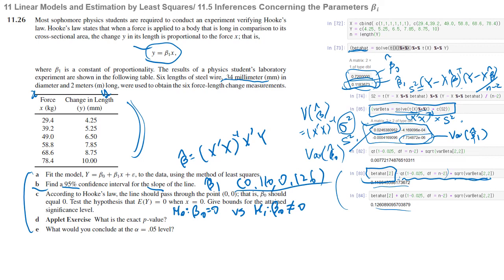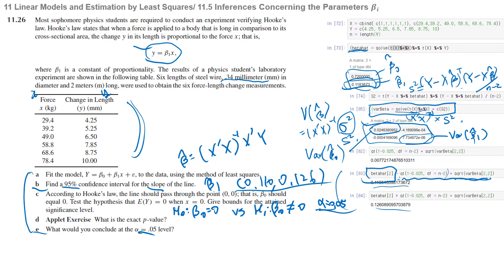We didn't specify the significance level for this, but in E we specify alpha equals 0.05. So let's set our alpha as 0.05.